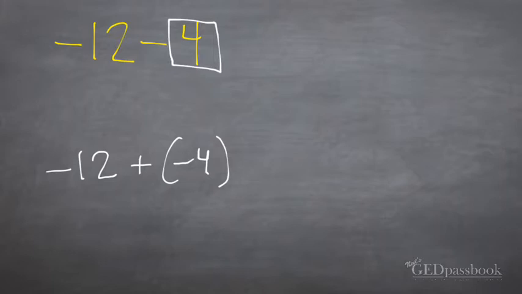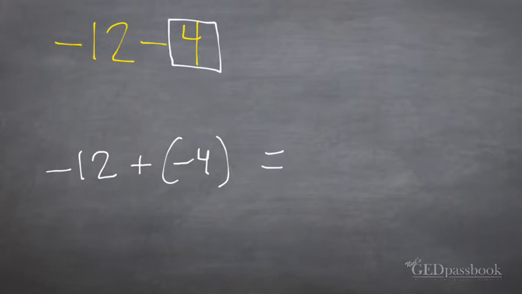Now that you have made it into an addition problem, use one of those famous 2 rules. Do they have the same sign or different signs? Which means, do you add or find the difference of the numbers? You add the numbers, because if they have the same sign, you add the numbers.